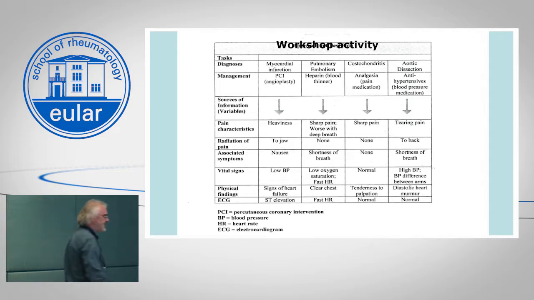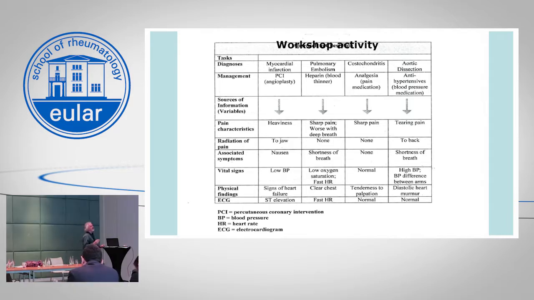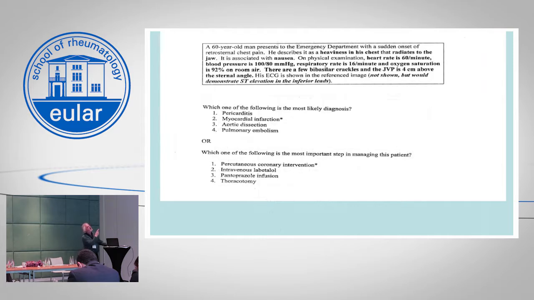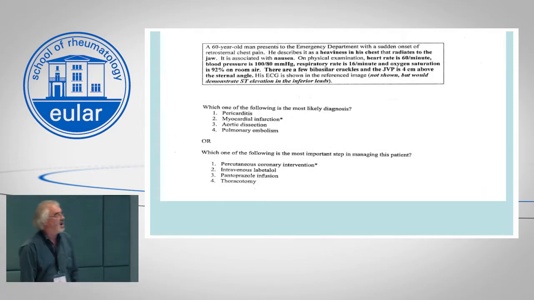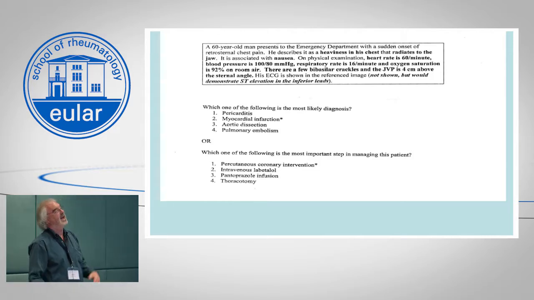And by using this information, imagine that I'm going to write a question in which MI is the correct answer. Then you would write a clinical scenario based on the information in the first column. Have a look at that. That clinical scenario is written at the top. All that information in bold is based on the information in the first column.